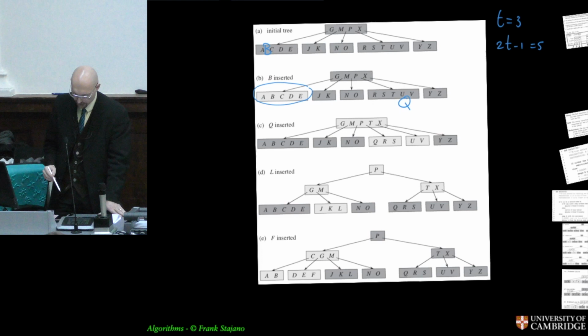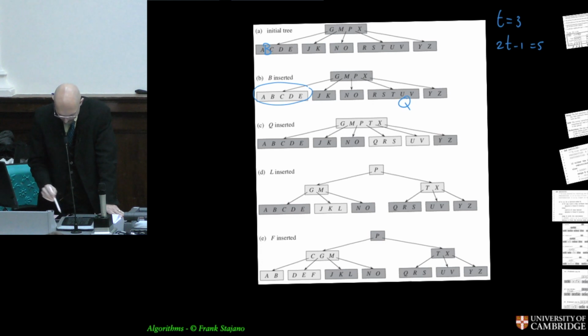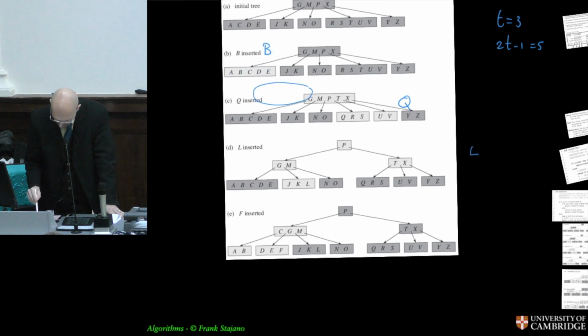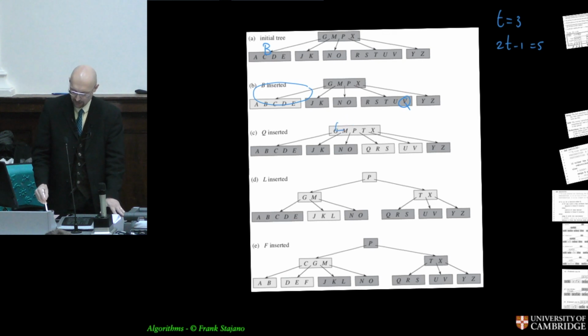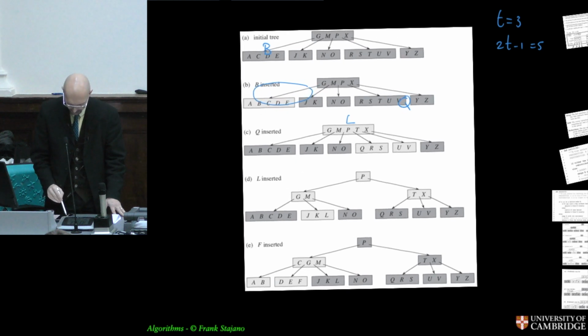And if I then insert the letter L into this, whoop, I meant to take this one, L, so L would go in here. But as I said, when I encounter on my way down a node that's full, and by now the root is full, I must split the root before doing anything.